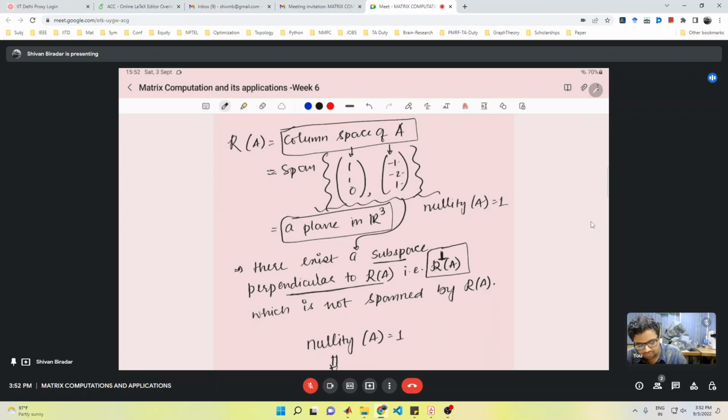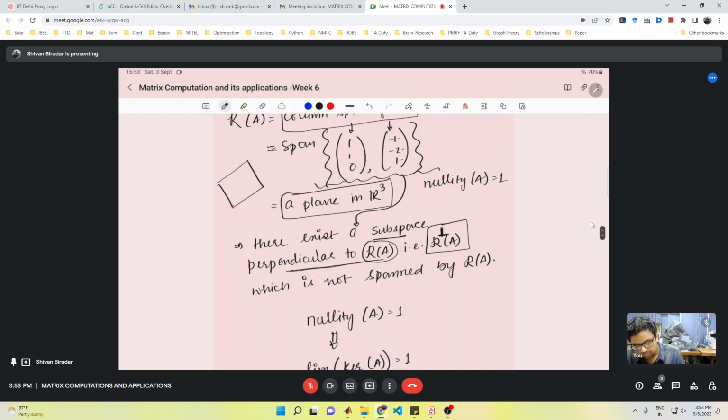So our range space of A is a plane, which is your subspace, and there is a line which is perpendicular to it.